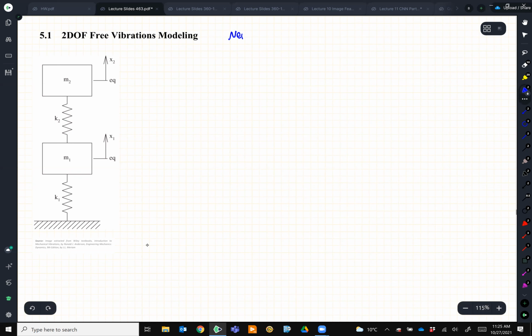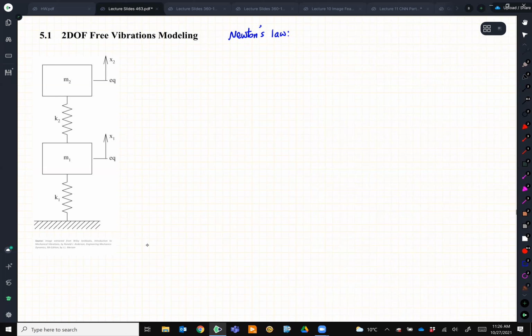Newton's law. So for Newton's law, we always draw the free body diagrams. Let's quickly do that. It's easy to do. So this is, let's say, my first mass. That's my second mass.